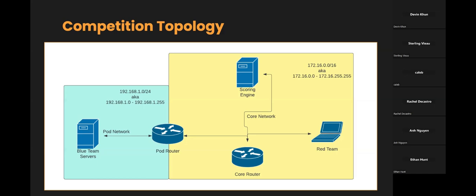Although all this other stuff on the right is usually out of scope for you to touch during the competition, the pod router, or I believe the switch, is usually in scope for you to manage and work on. So it's really important that you don't mess up your networking, or else the scoring engine can't see any of your services, and then you get no points for anything.